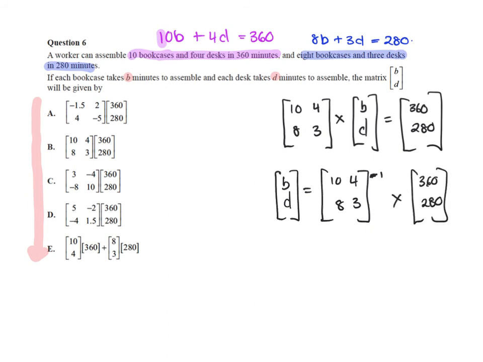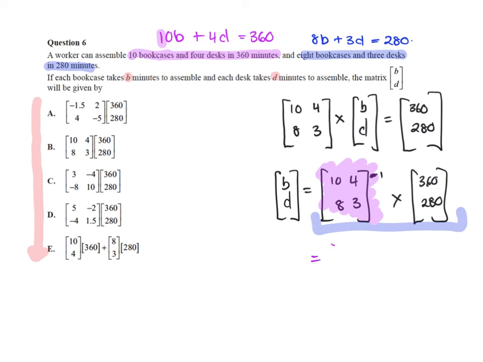So I go and look down there. Is this set up in any of my answers? It's not. So what I think they've done is they've changed this matrix. They've done the inverse first. So if we go and calculate what that one actually is on our calculator, what does that equal? Let's have a look.